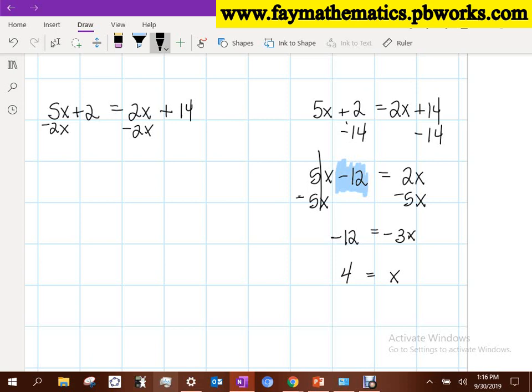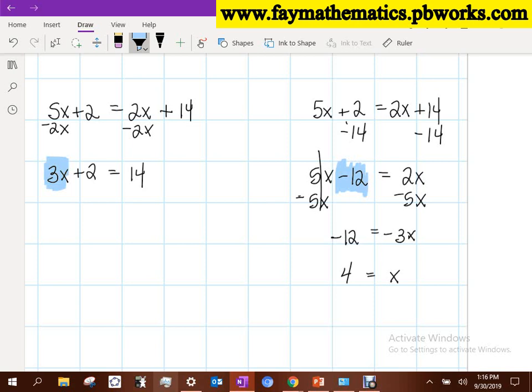What's 5x minus 2x? 3x. I didn't do anything with that plus 2. And now I've got 14 here, right? Now remember what the overall objective is. The overall objective is to get my variable terms and my constant separated, right?